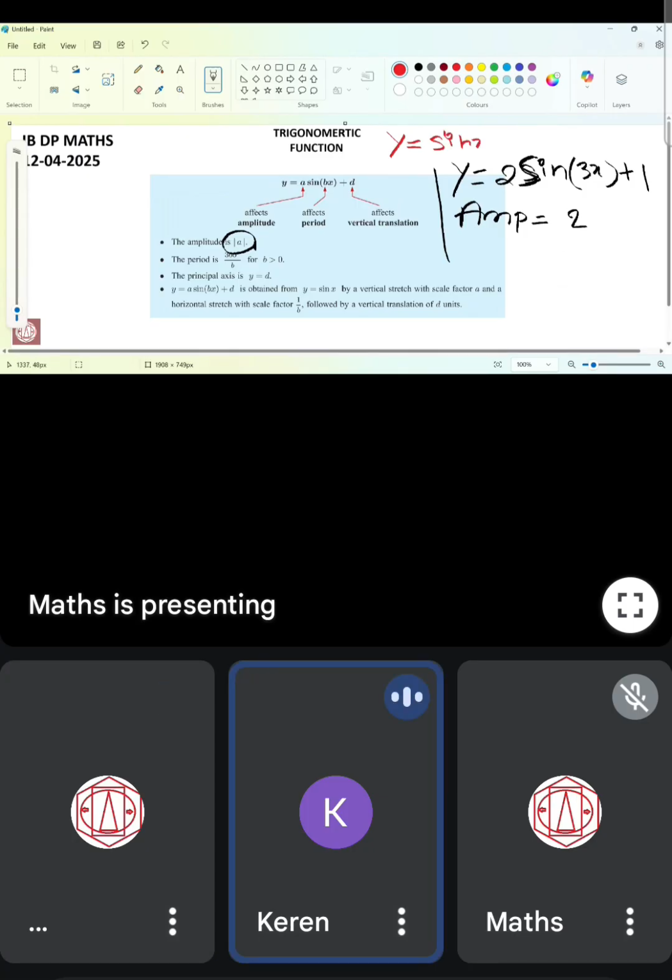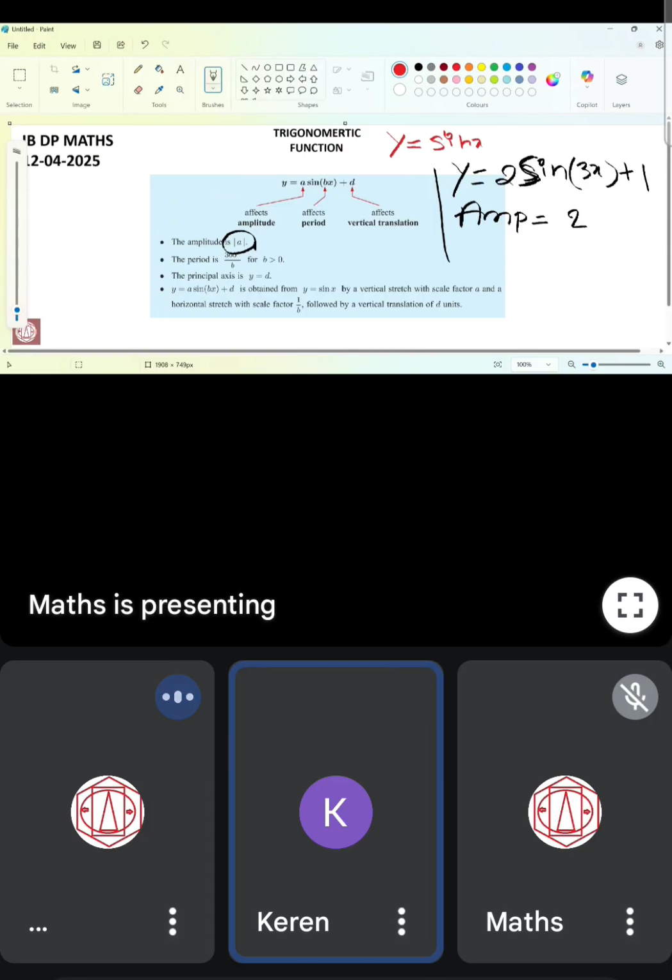But with certain changes, vertical stretch or horizontal stretch, the period will change. So you can see the bx. B affects the period, right? So what is B exactly over here? B is the horizontal stretch of the function, so it will change the shape horizontally of the main sine function, right?